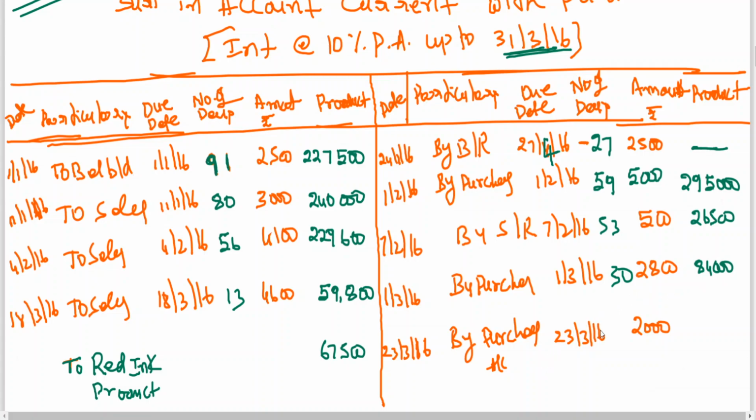Next, purchases account, 23rd March, 31 minus 23, 8 days. 8 into 2,000, 16,000.